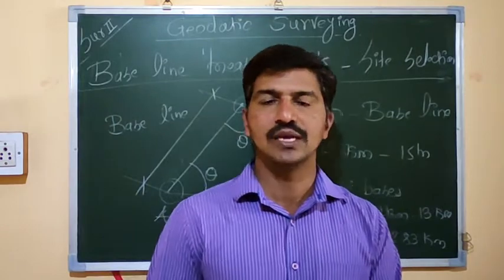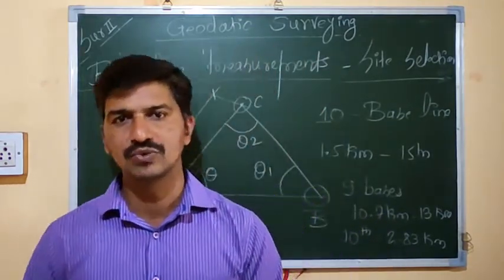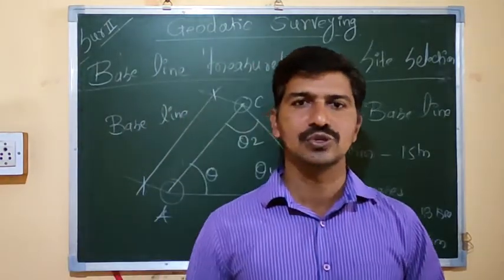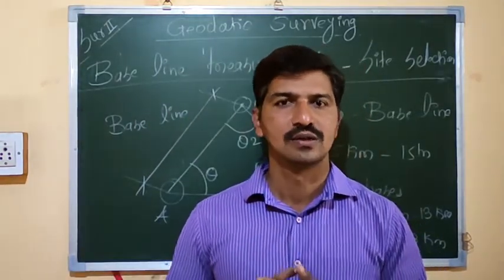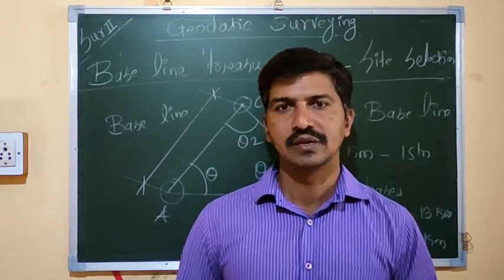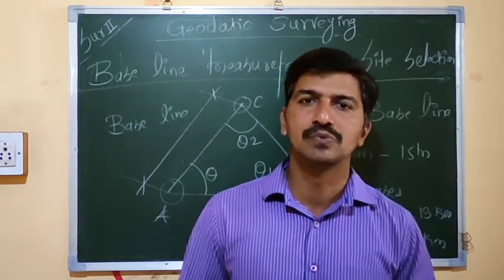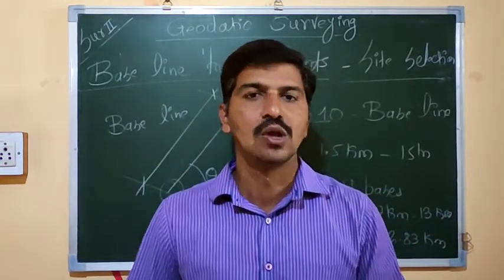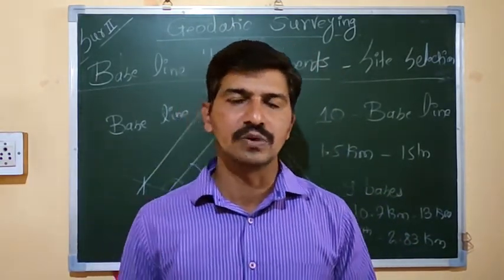Sometimes we have to select temples, churches, the tallest point, or some flag post as our triangulation station. At a flag post, it is not possible to keep a total station or theodolite or a level.